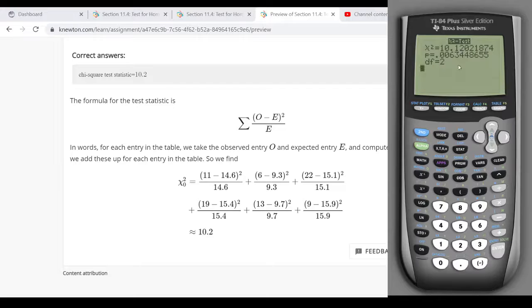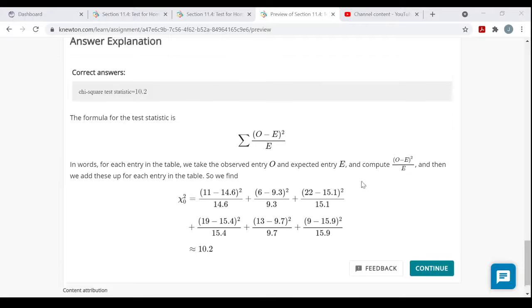If you just enter those observed values into a matrix and run the chi-squared test on your calculator, that test statistic is more accurate than what they're doing, where they're rounding every single expected value to one decimal place and then calculating it. But it looks like either way is fine. That's great.